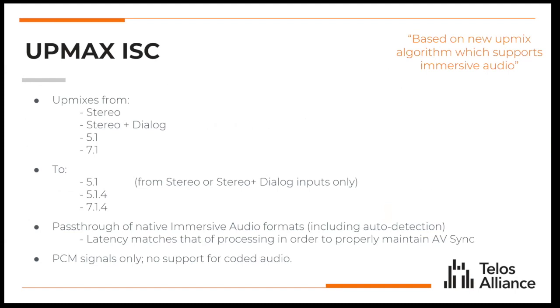It will accept a stereo input signal, stereo plus a separate dialogue, or 5.1 or 7.1 channel inputs, and it'll give you an immersive audio output, either 5.1 plus 4 or 7.1 plus 4 if you like. Or if you're just working in a 5.1 mode still, it can accept stereo or stereo plus dialogue inputs and upmix those to 5.1. So really it's ready for today's workflows and for the next gen workflows.